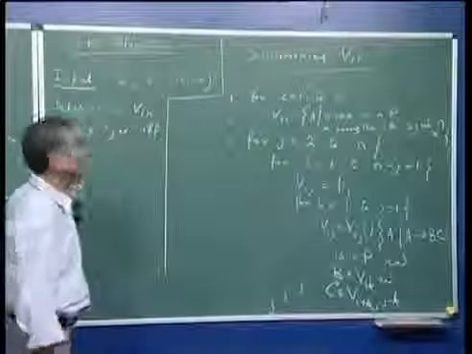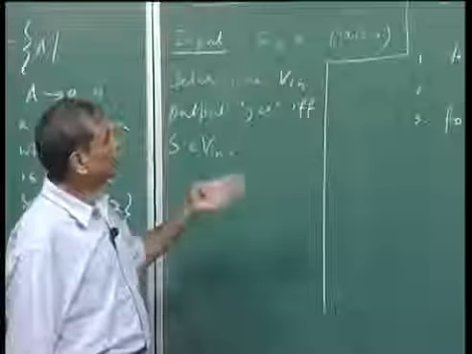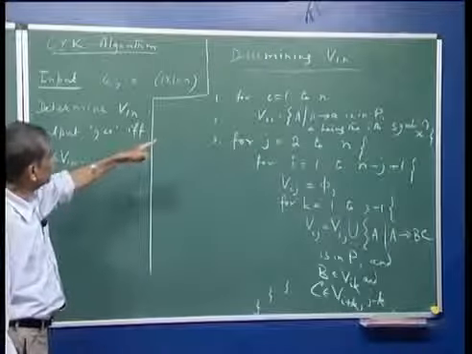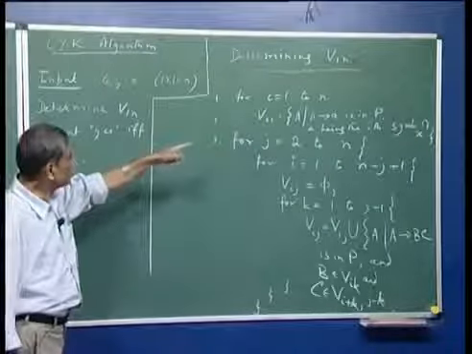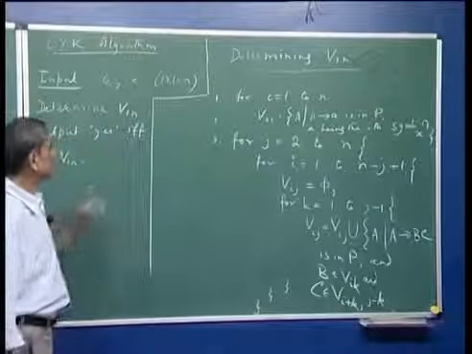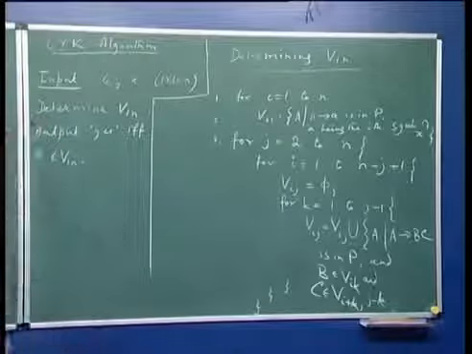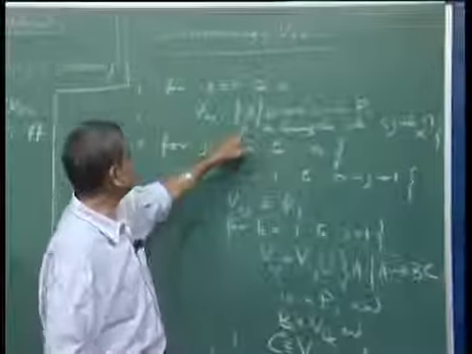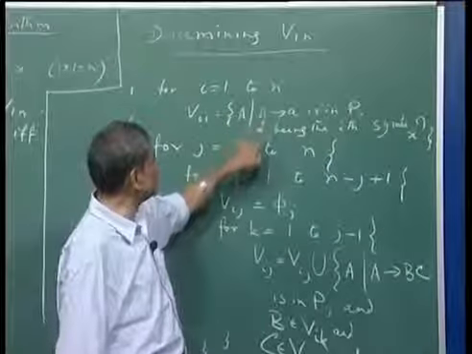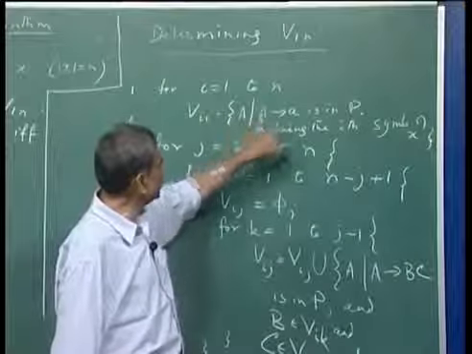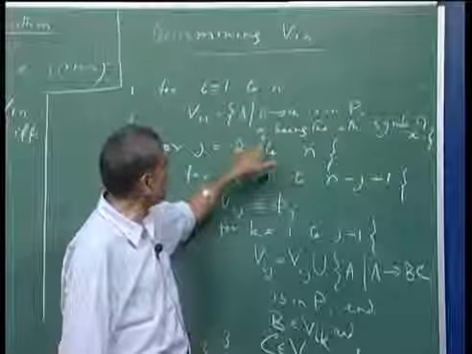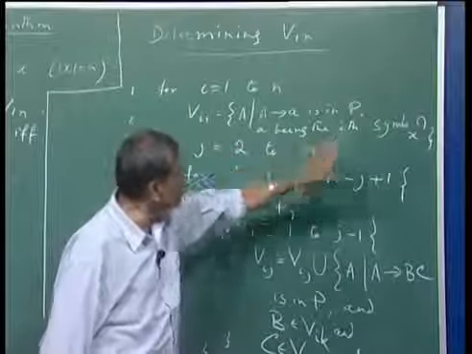First of all, we determine all the Vi1 for different values of i, and that is the same thing that we have written here: Vi1 is the set of non-terminals A such that A derives small a is in P, this small a being the ith symbol of x.